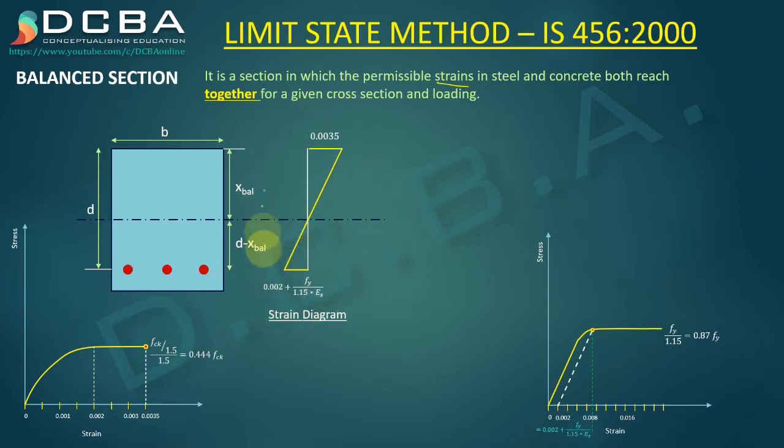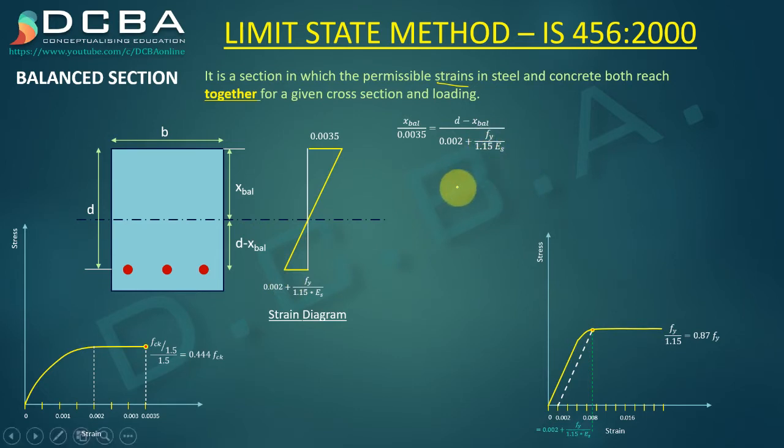And there are two triangles in this which are in proportion. So of course this neutral axis would be called X balance because it's a balanced section, and this will be D minus X balance, correct? So in triangles, using proportionality, X balance divided by 0.0035 is equal to D minus X balance upon 0.002 plus Fy by 1.15 ES.